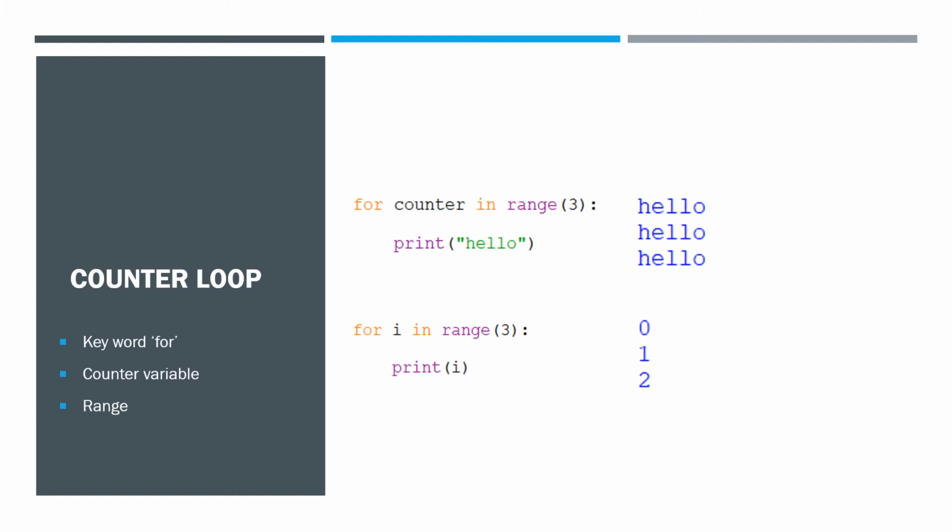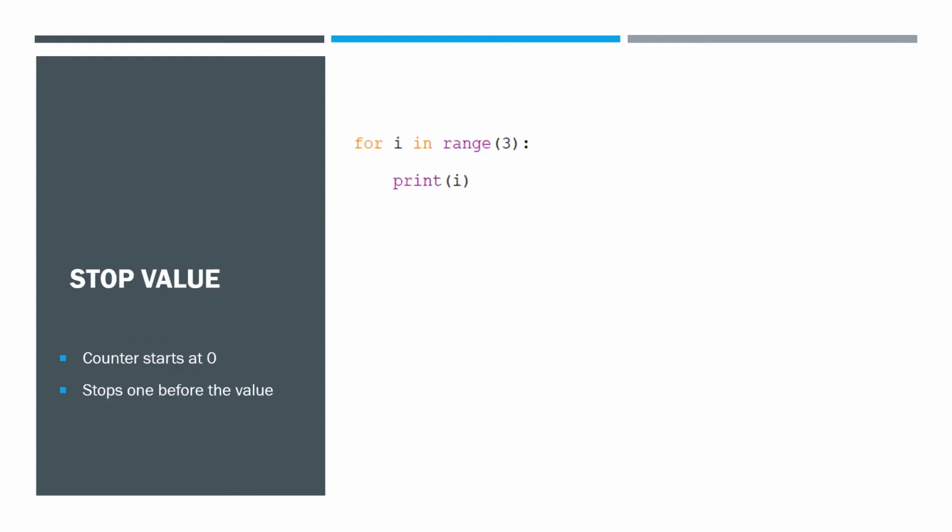So it does loop 3 times, but it isn't counting 1, 2, 3, it's counting 0, 1, 2. So when we create a for loop, we give a stop value. The counter will count from 0 up to 1 before the stop value, like this.